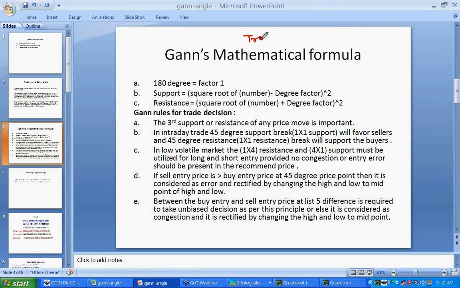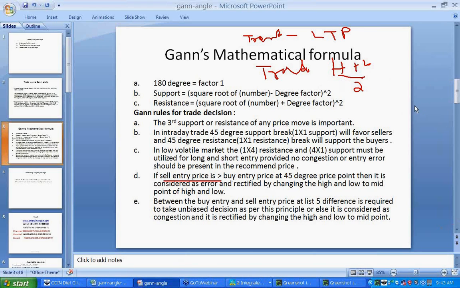For trend forecast, as I told you, I take the LTP, the last traded price of the previous day, to forecast today's trade. Whenever I take the trade forecast for the day, I take the midpoint of high and low, high and low divided by 2. So this gives me the midpoint of the high and low. Sometimes I may take high, sometimes I may take low, based on this rule.